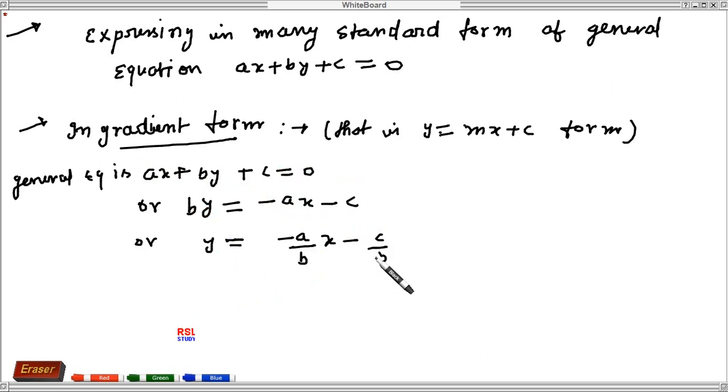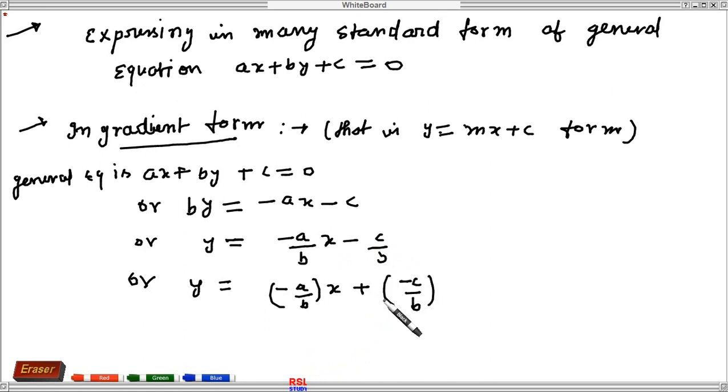Dividing by b, we get y equal to minus a by b x minus c by b.